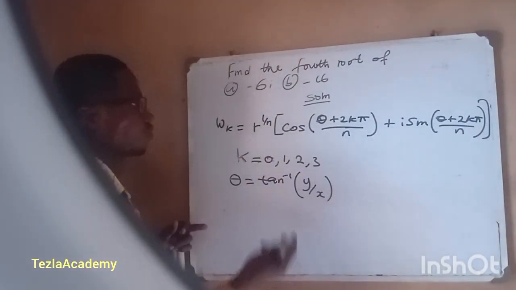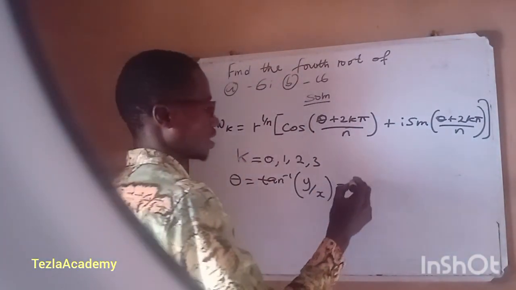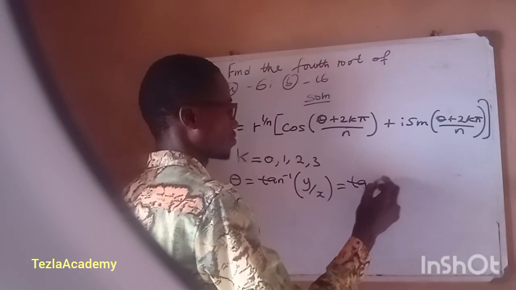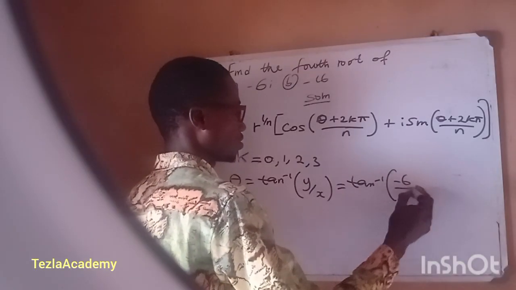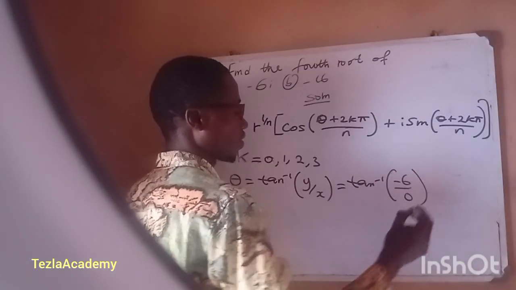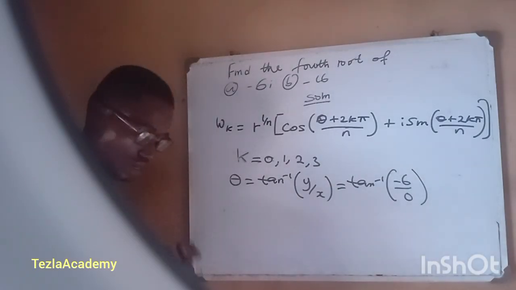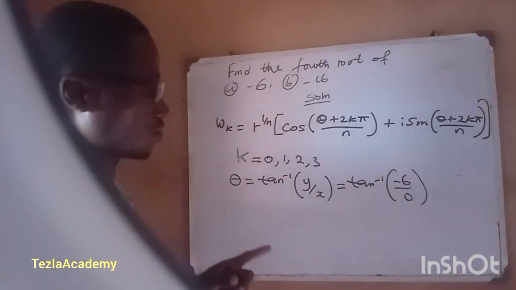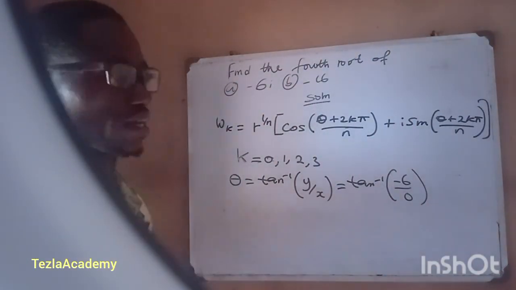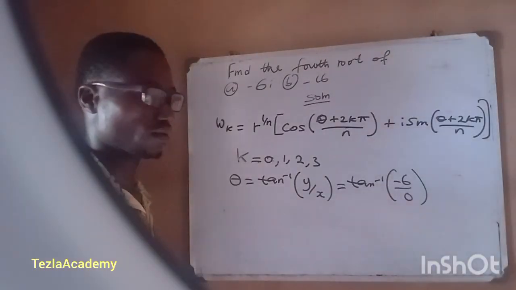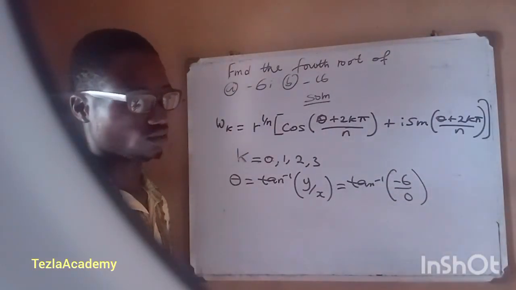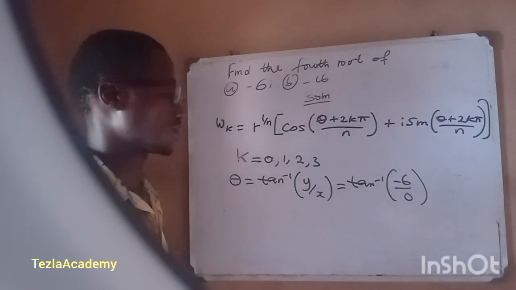As I already mentioned, y is the imaginary part. Tan inverse of minus 6 over 0. Now, this thing cannot be gotten from a calculator. It's undefined. And even though it's undefined, you cannot say it's 90 degrees. No. There's a minus in that number.